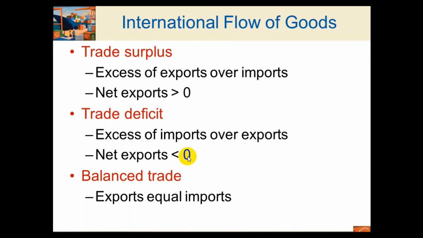In other words, there is an excess of imports over exports. In this case, the country is said to run a trade deficit. And if net exports are zero, which means exports and imports are equal, the country has a balanced trade.